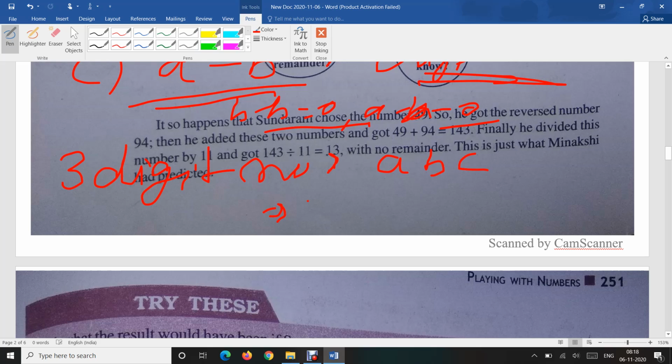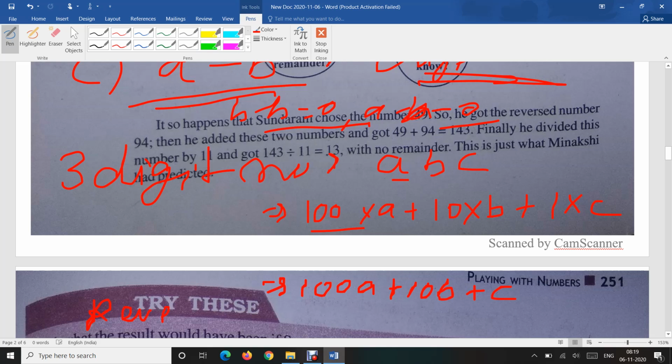You can write it as 100 multiplied by A, because A is at the 100th place, plus 10 multiplied by B plus 1 multiplied by C. So we can write it as 100A plus 10B plus C.